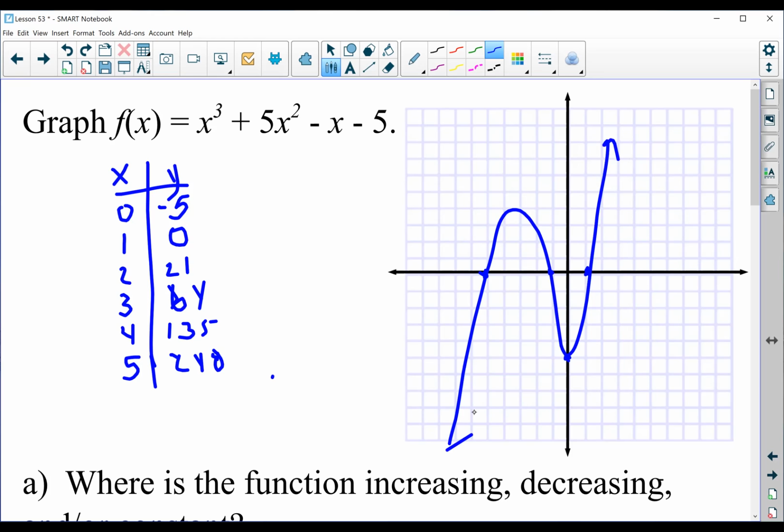So increasing as I go from left to right, well, look, it's increasing here. And it's increasing here. So for increasing, we always want to write that in interval notation.